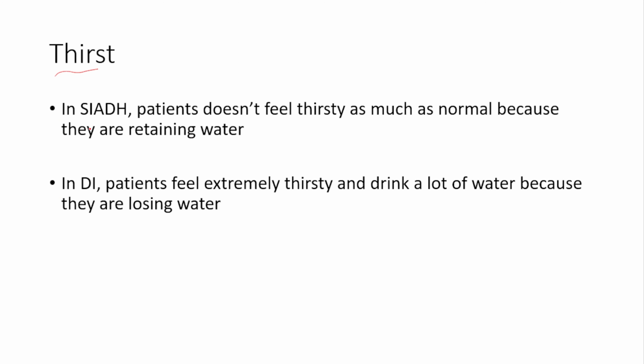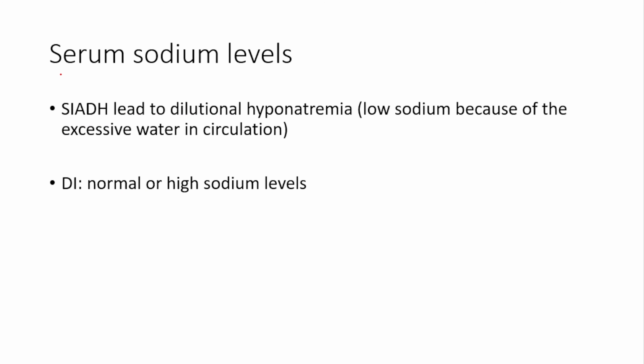Regarding thirst, in SIADH the patient doesn't feel as thirsty as normal because they are retaining water, and in diabetes insipidus the patients feel extremely thirsty and drink a lot of water because they are losing water. Regarding serum sodium levels, SIADH leads to dilutional hyponatremia, low sodium because of the excessive water in the circulation, as we mentioned. In diabetes insipidus, sodium levels are normal or high.